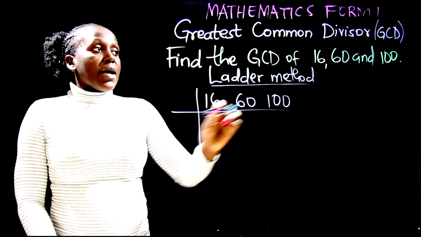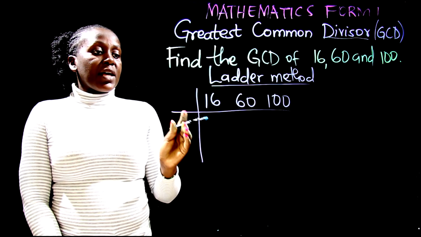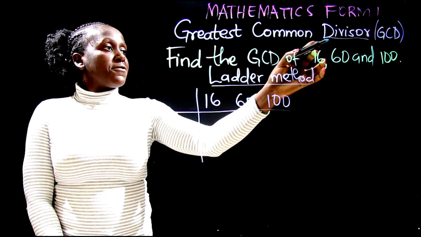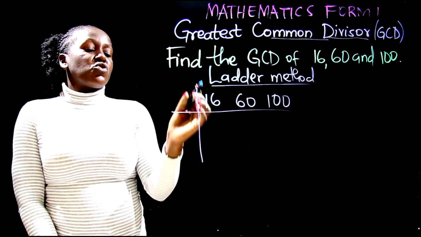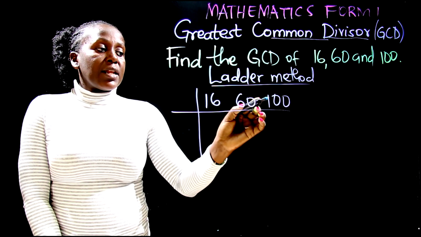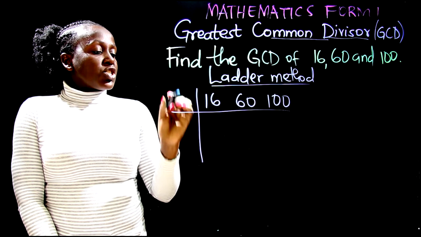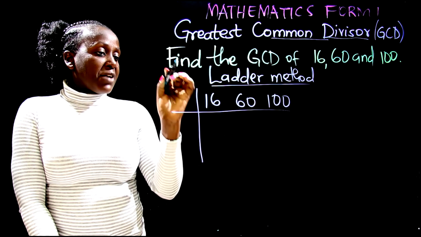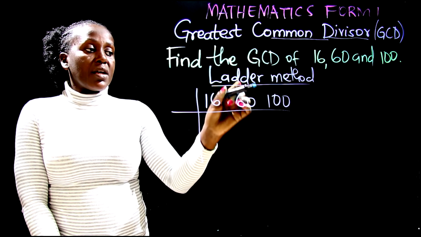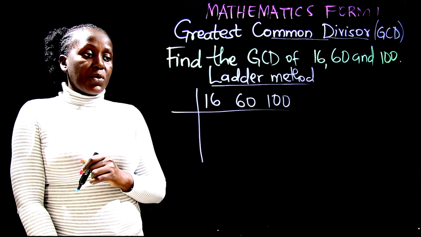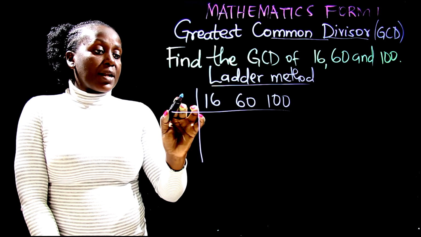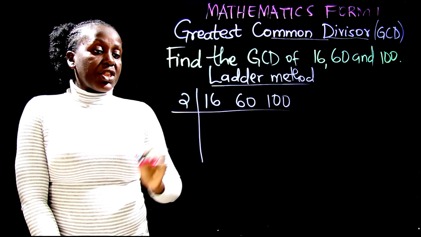So remember, a common divisor is a number that should be able to divide the 3 numbers together. So which number do you know that can divide 16, 60, and 100? Okay, 2 is a number that can divide all the 3.